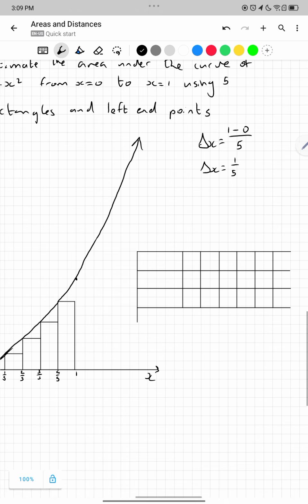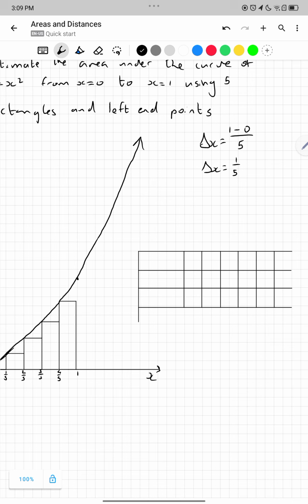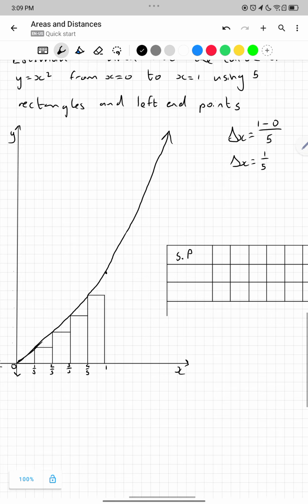Okay, so these are sample points. First sample point is 0.